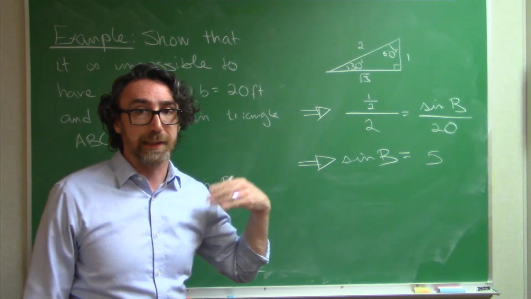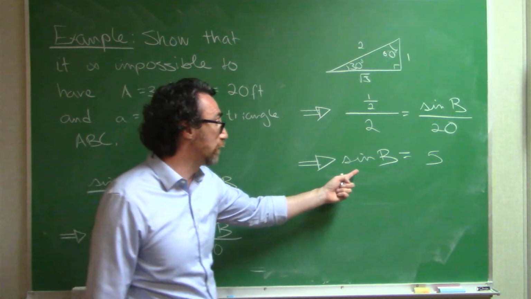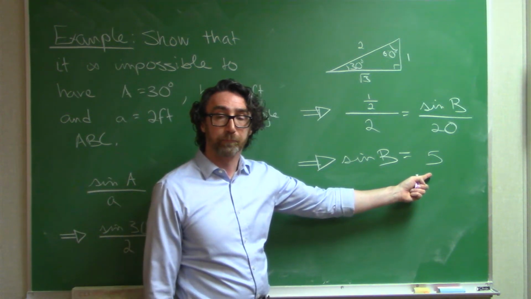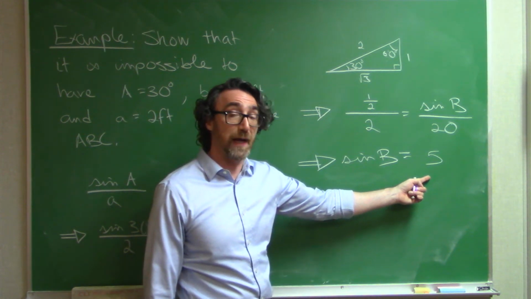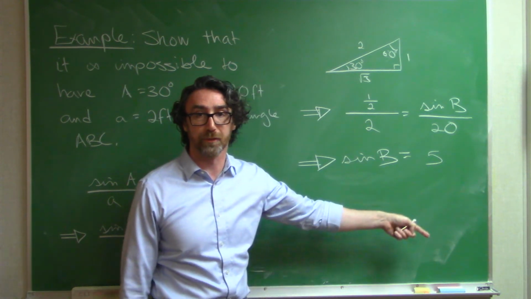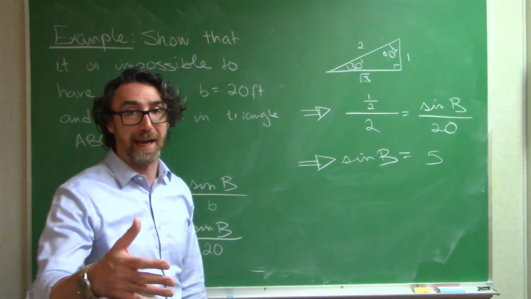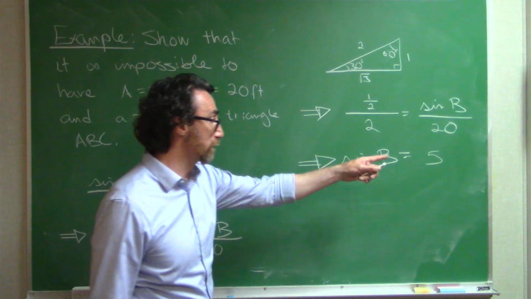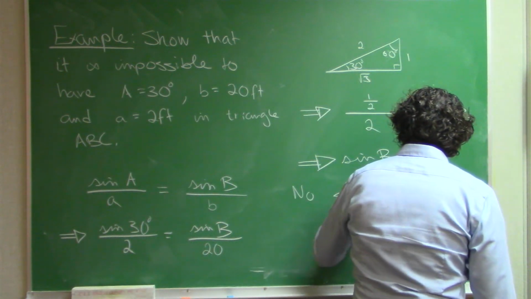So my fraction cannot be larger than 1. But this is saying that the numerator is 5 times as large as the denominator. So that's a problem. Okay, this is impossible. You can't have the sine of an angle being 5. So there is no such angle.